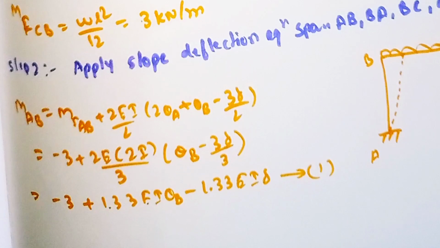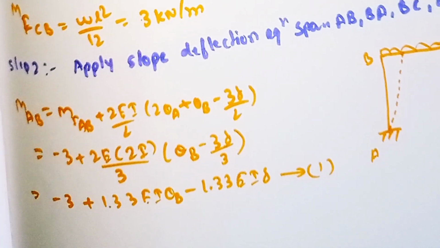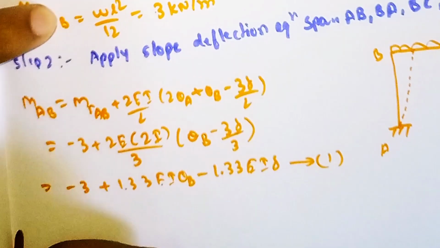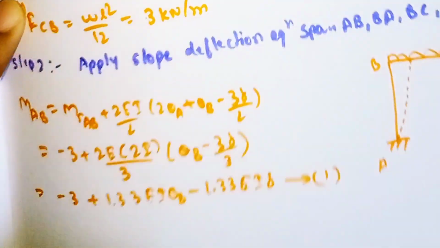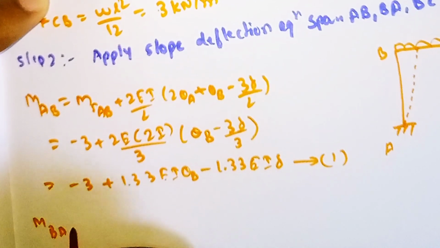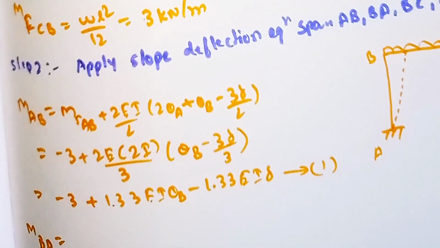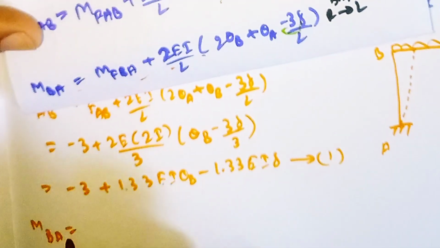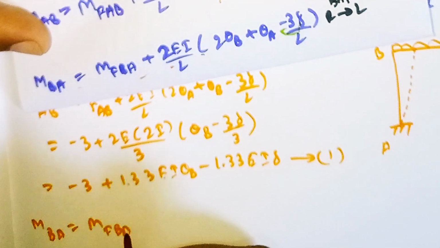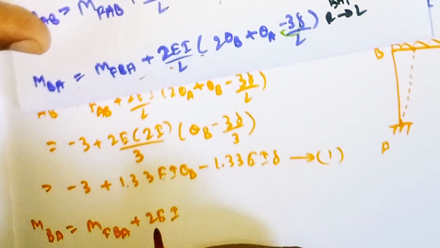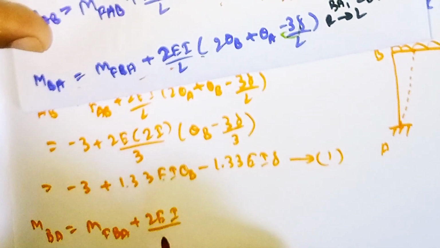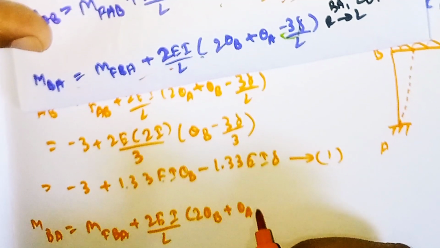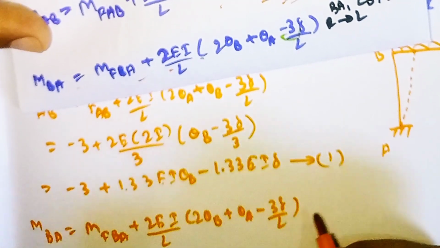Similarly we need to calculate for span BA. For that we have the formula. M_BA is equal to MF_BA plus 2EI divided by L, 2 into theta B plus theta A minus 3 delta divided by L, because it is the vertical member.